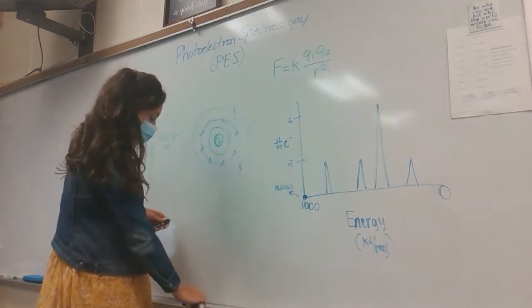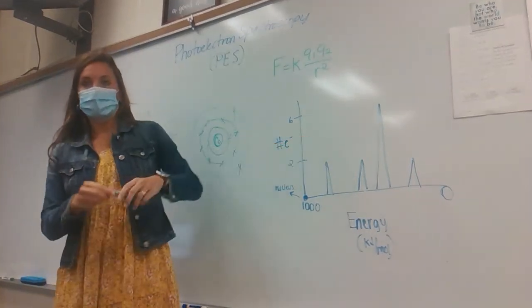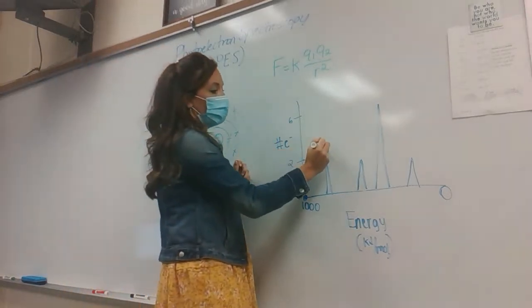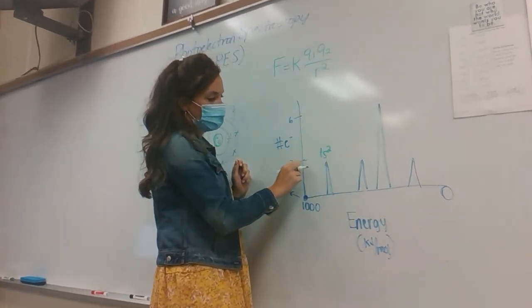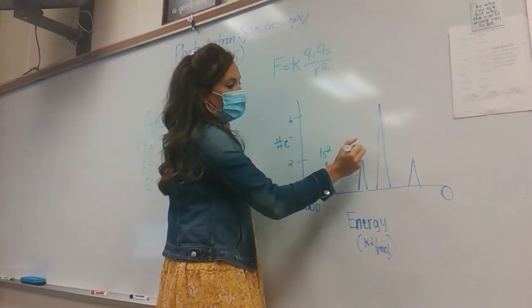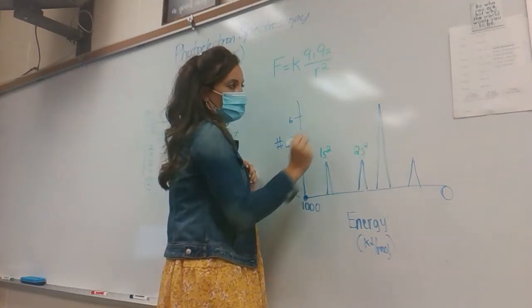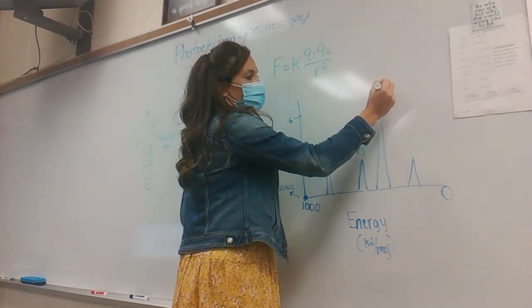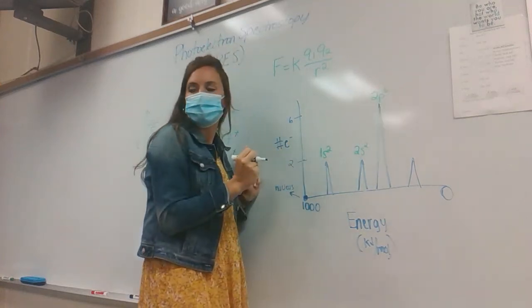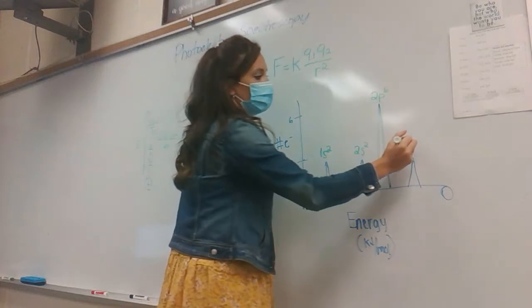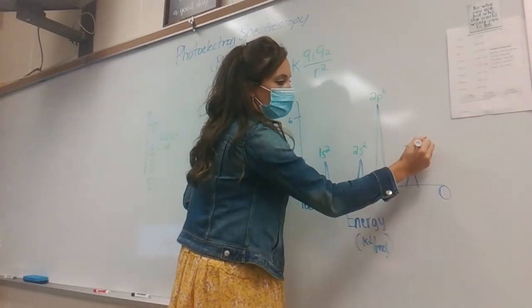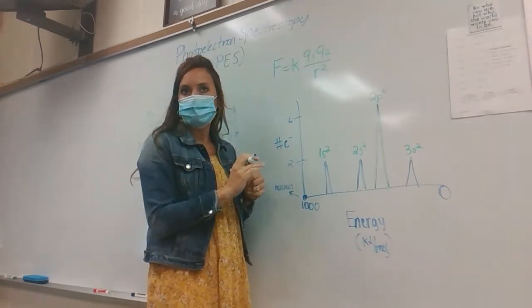Now we can use this PES and label it. This is 1s, and there are 2 electrons. Then we go 2s, there are 2 electrons. Then 2p, and there are 6 of them. And then 3s, and there are 2 electrons.